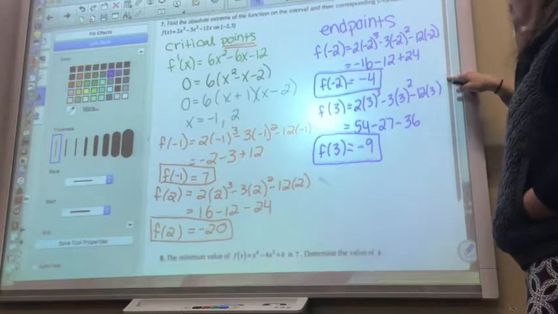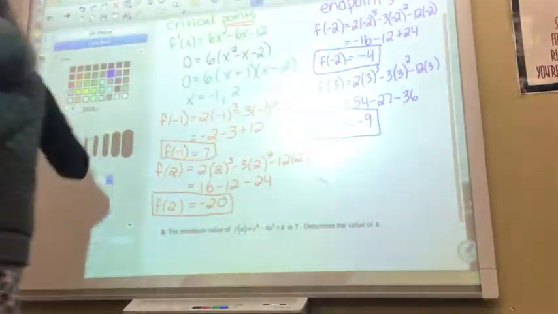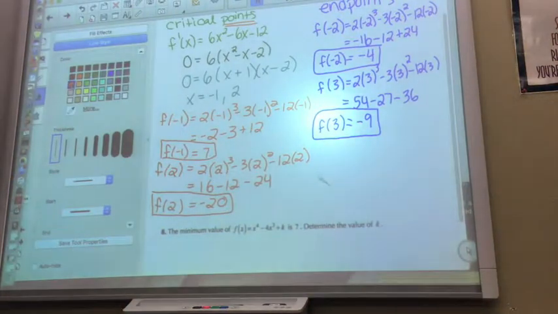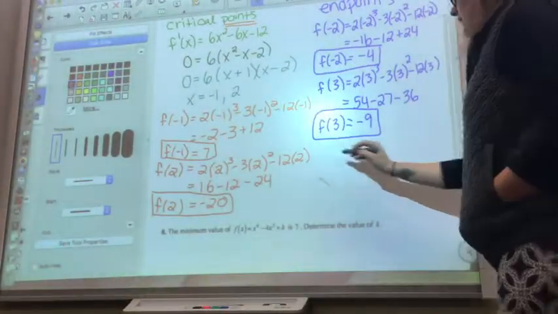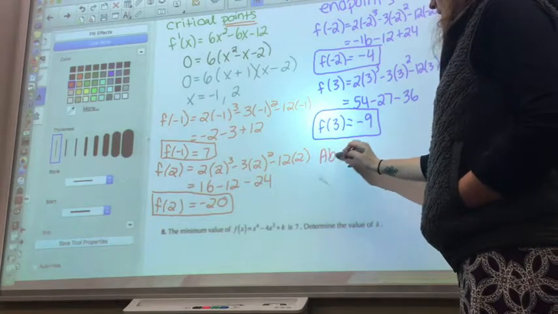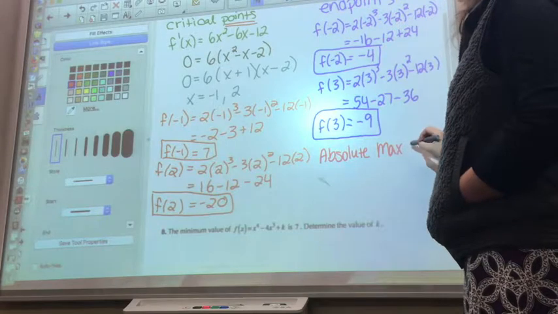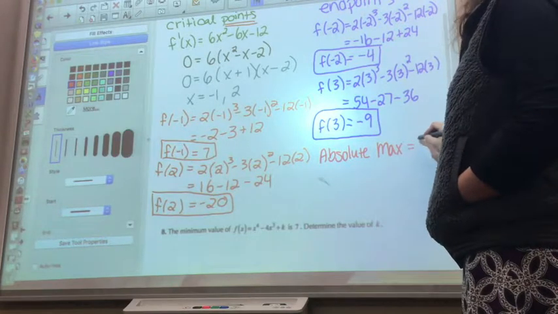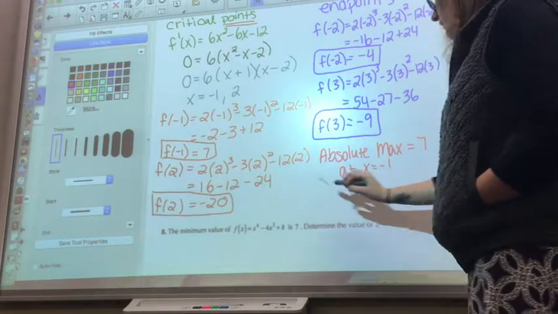And it asked us for the absolute extrema, their corresponding y values. So where's our absolute max going to be? Or what is our absolute max and what is our absolute min? Okay, our absolute max equals 7, and that happens at x equals negative 1.